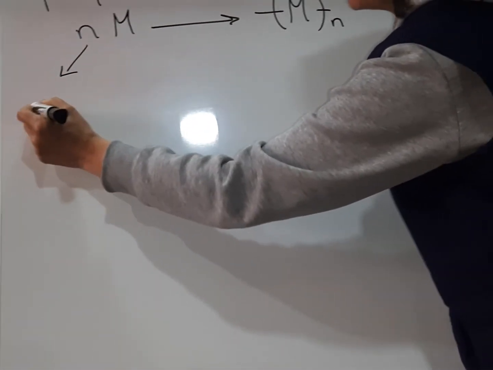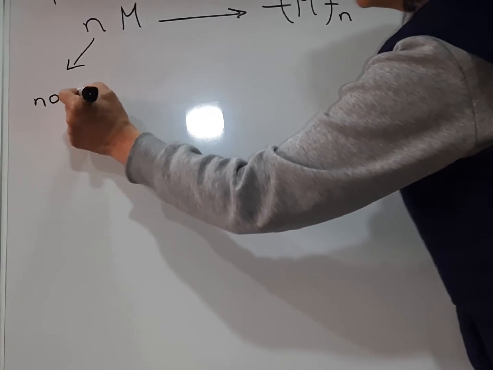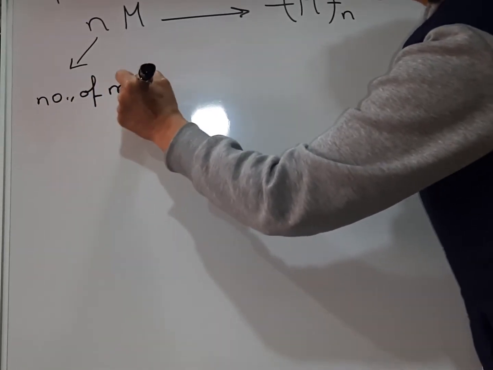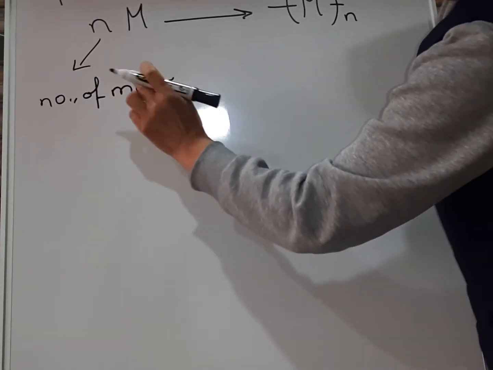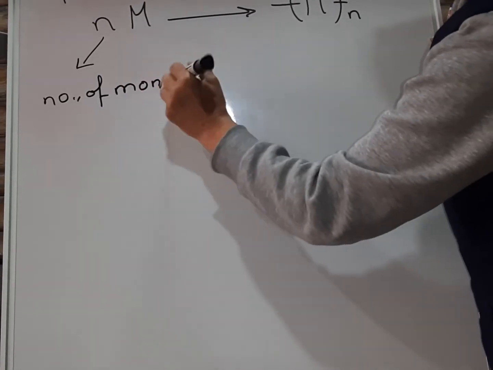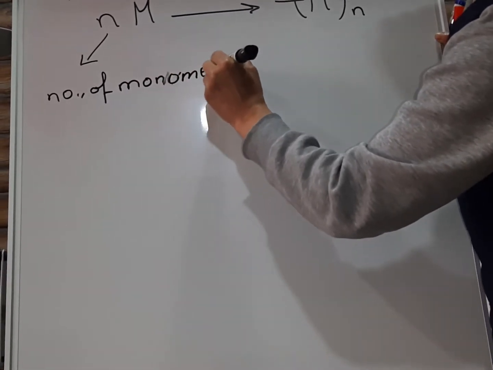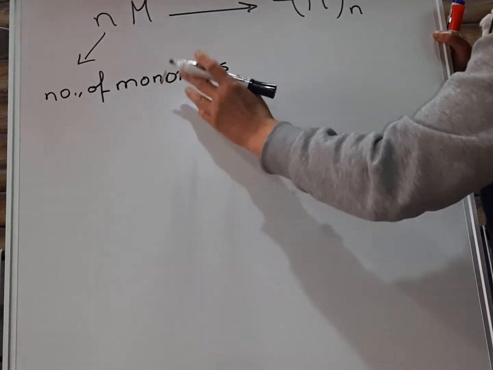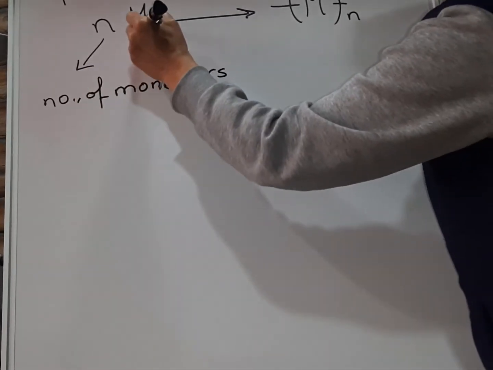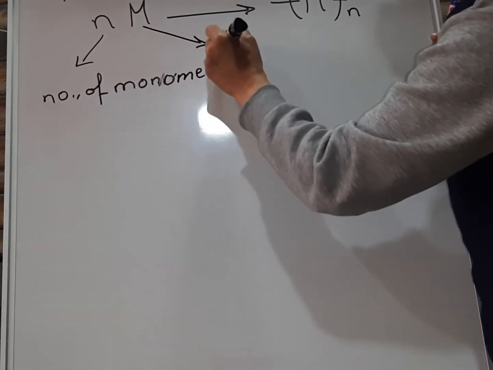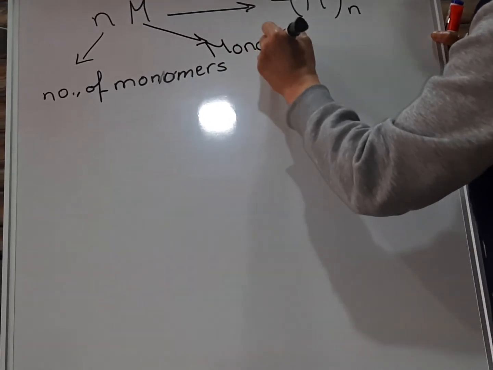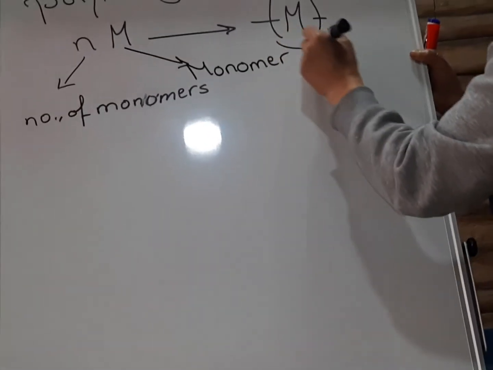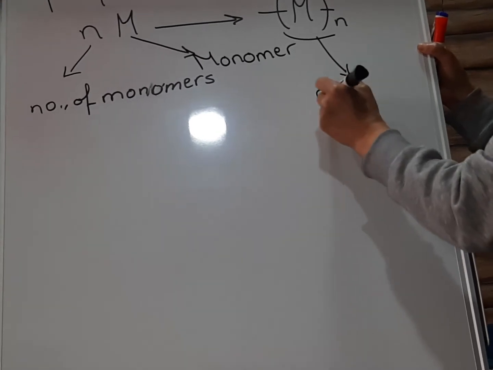N represents the number of monomers or the number of repeating units. M is the monomer, and this form is the polymer.